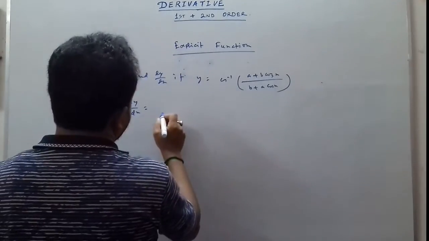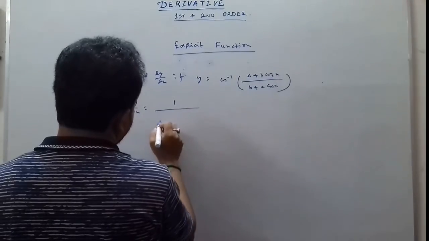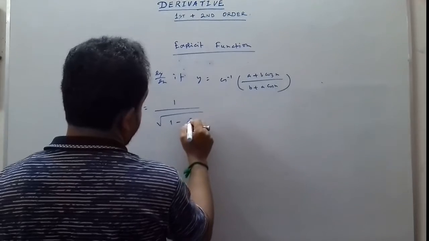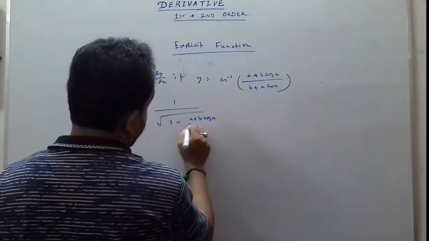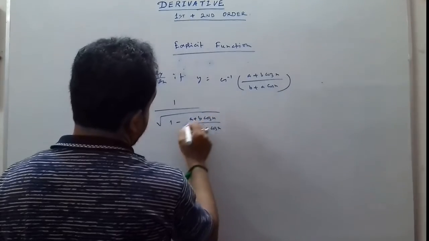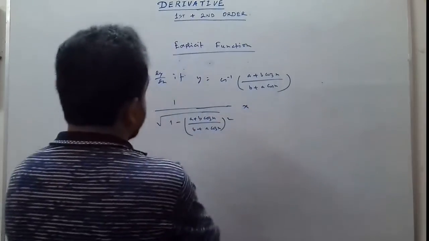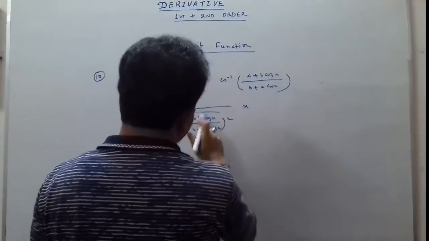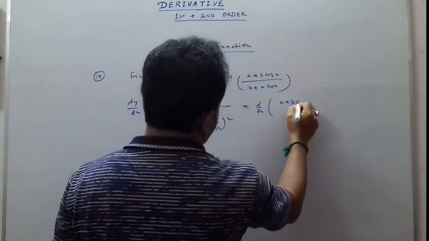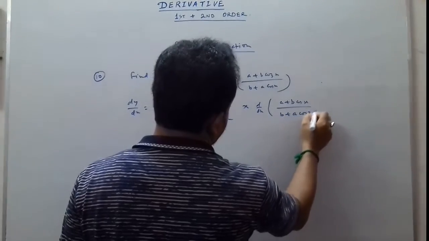We know that the derivative of cos inverse x is equal to 1 over root under 1 minus x square. Here x means (a plus b cos x) divided by (b plus a cos x), this square, into the chain rule, derivative of this, so d/dx of (a plus b cos x) over (b plus a cos x).